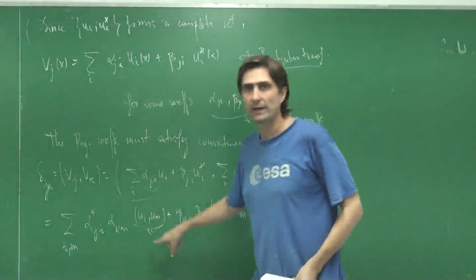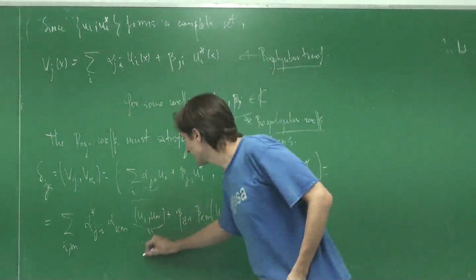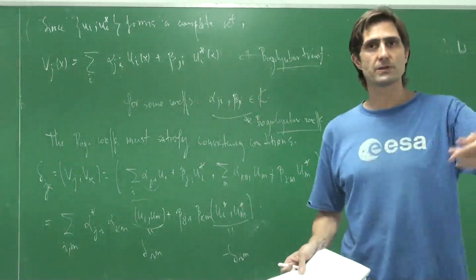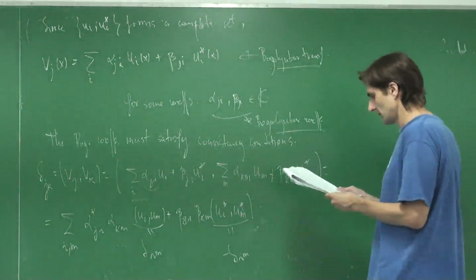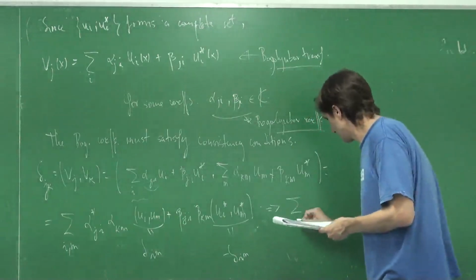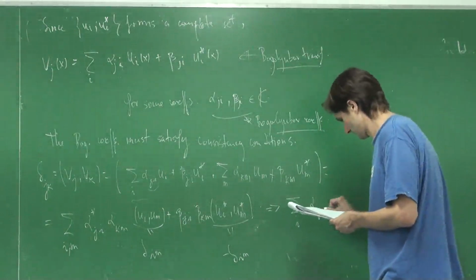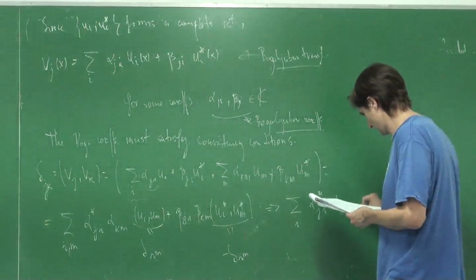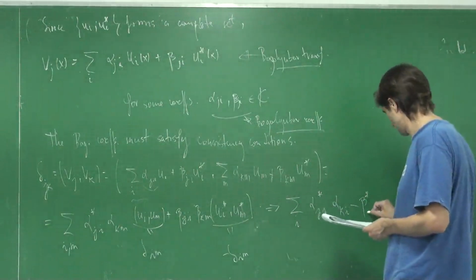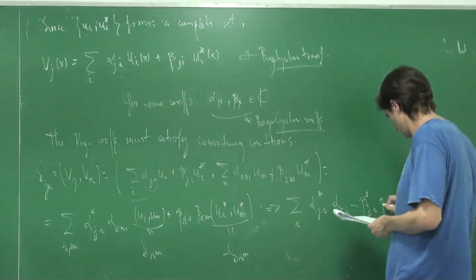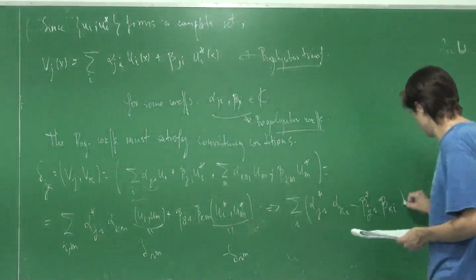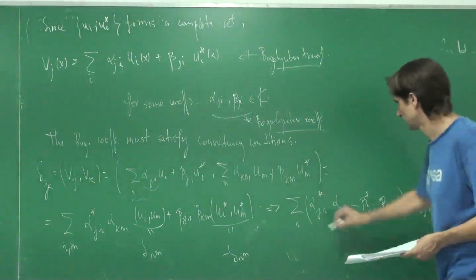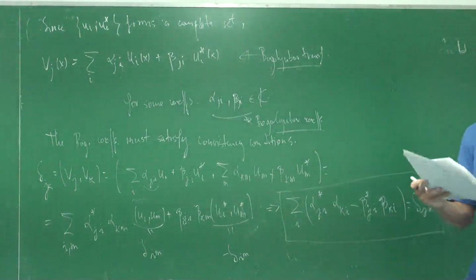We now apply this: we know that this is just delta_im, and we know that this is just minus delta_im, and this allows us to go through one of the sums, and that gives this consistent solution.